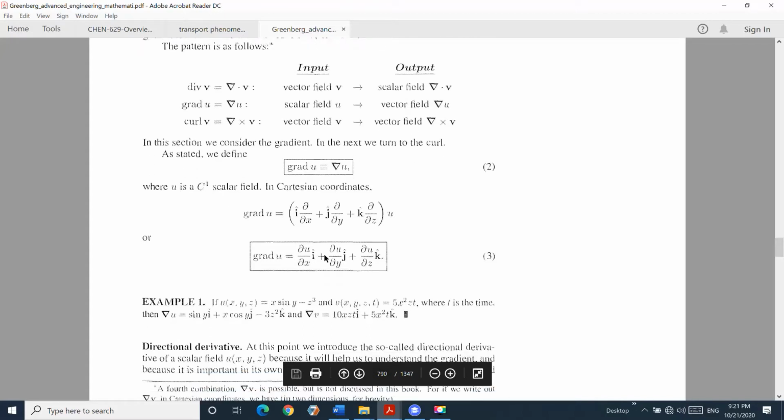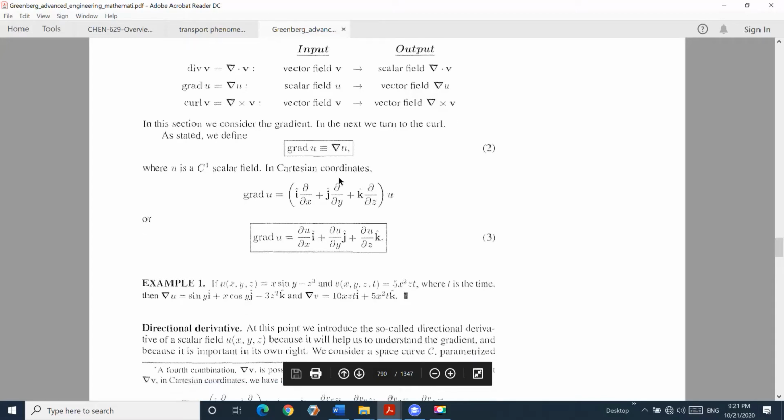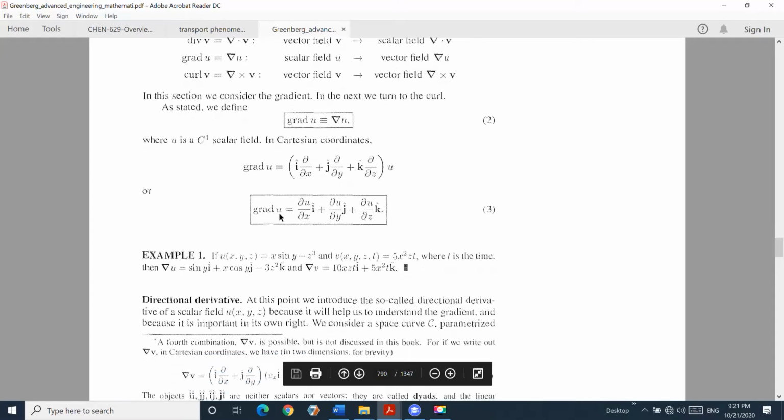These are the three basic concepts and definitions, and we can represent grad u like this or like this.